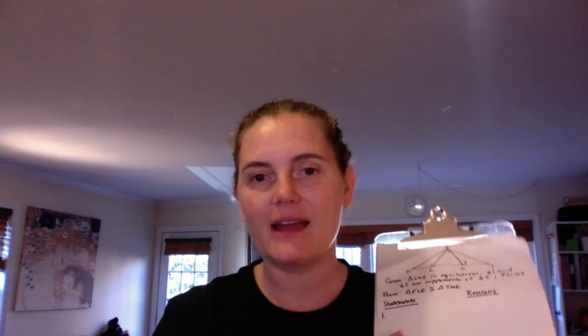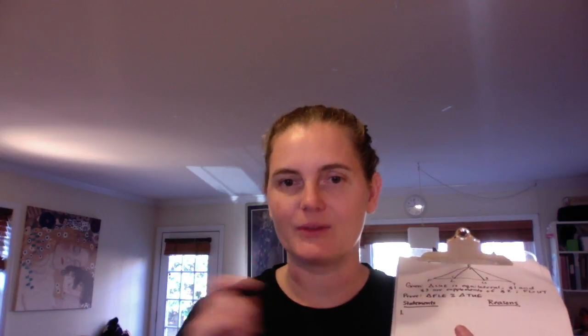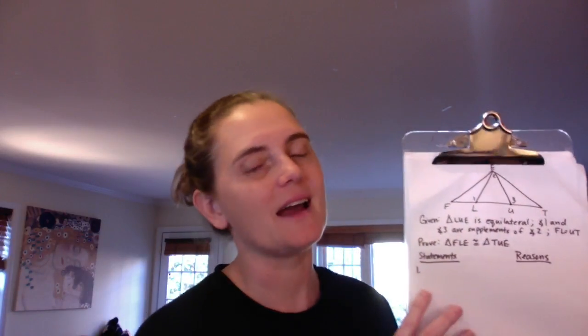Side angle side states that if two sides and the included angle of one triangle are equal to two sides and the included angle of another triangle, then the triangles must be congruent. Angle side angle just switches the words. It has to be two angles and an included side of one triangle, equal to the two angles and included side of the other. So let's see which one we're going to do here.